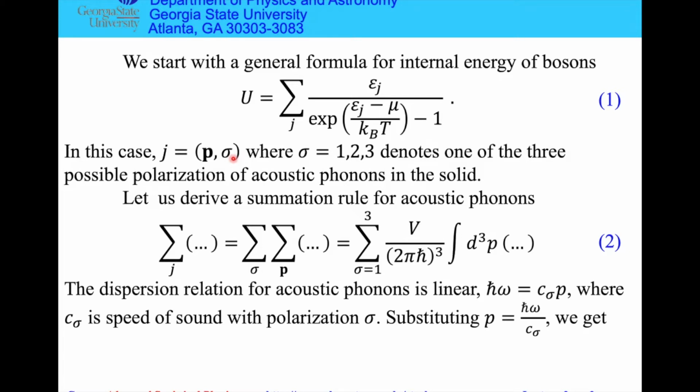And there are three directions of displacement. So one direction, which I will denote by 1, we will start with displacement in the direction of propagation of the wave. So it's the direction of P, the momentum or related wave vector.